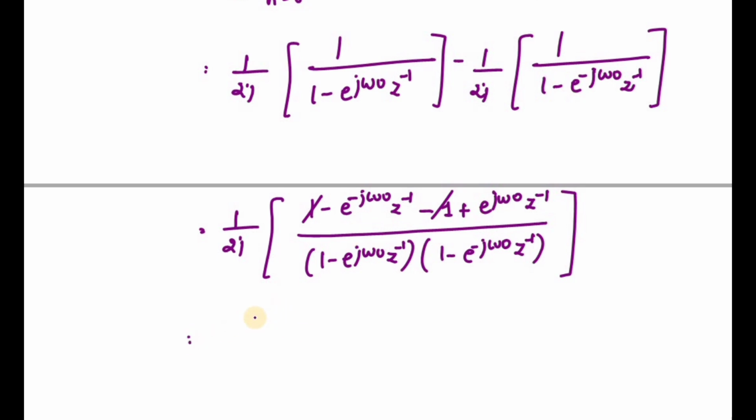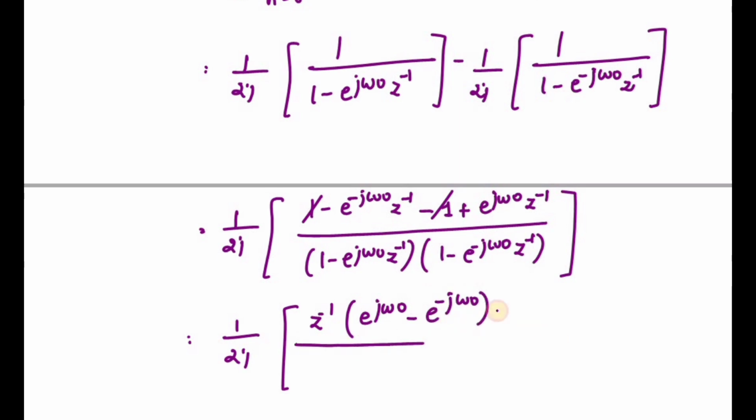So here I can write it as 1 divided by 2j. If I take z power minus 1 common, I will get e power j omega naught minus e power minus j omega naught.